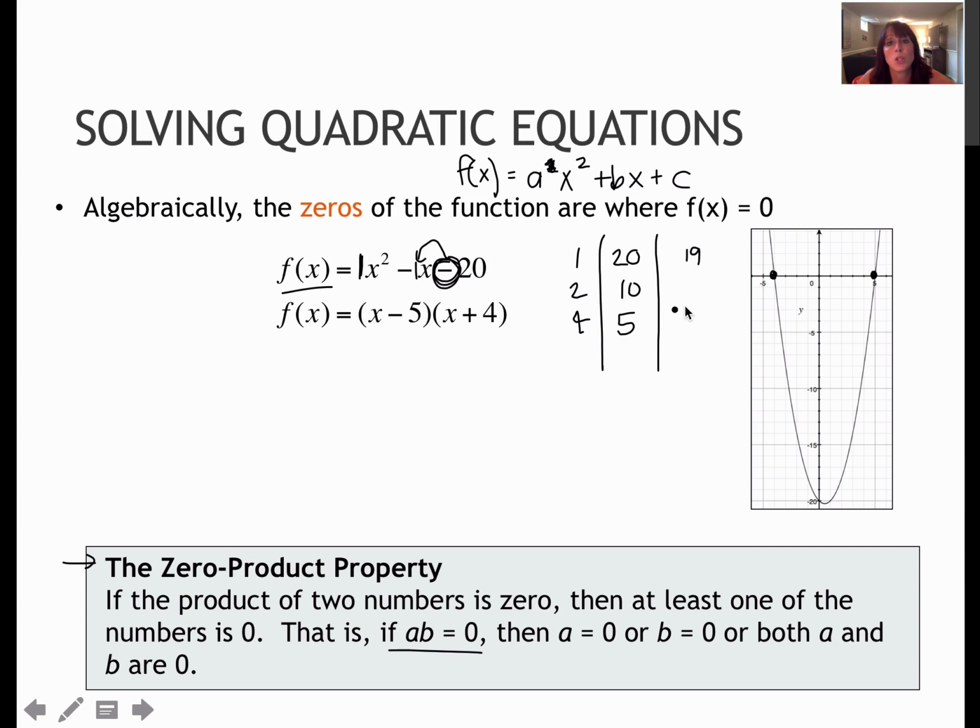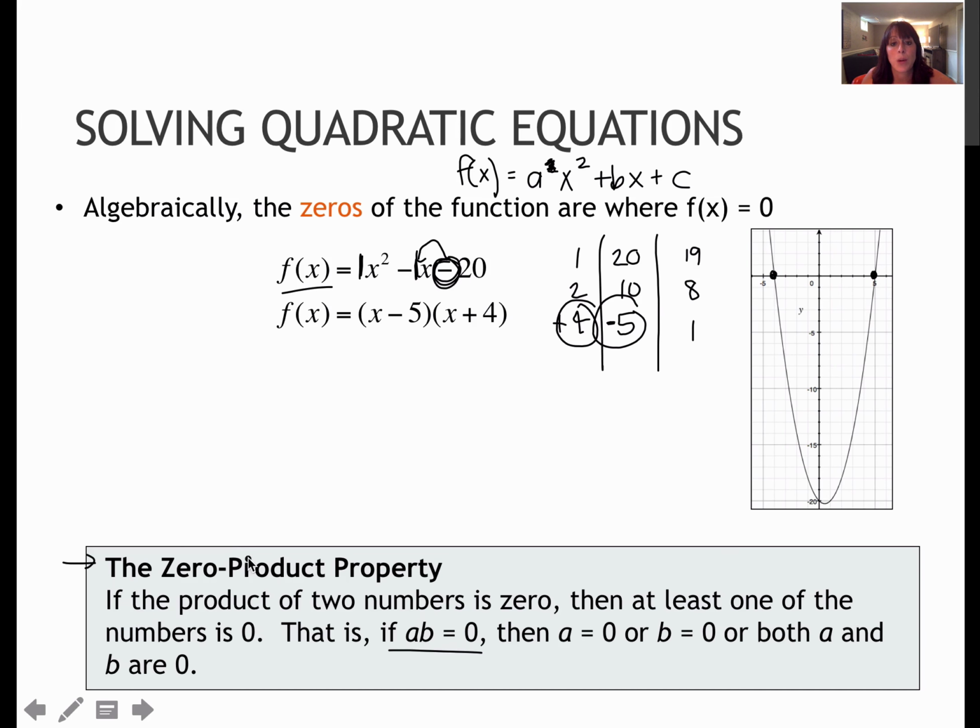The difference between 2 and 10 is 8, and the difference between 4 and 5 is 1. Now, I want the difference to be -1, and so I want a +4 and a -5. That's where I came up with x minus 5 and x plus 4, using the two values that multiplied to 20 and subtracted to -1.